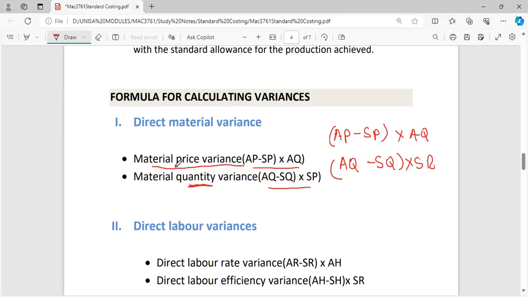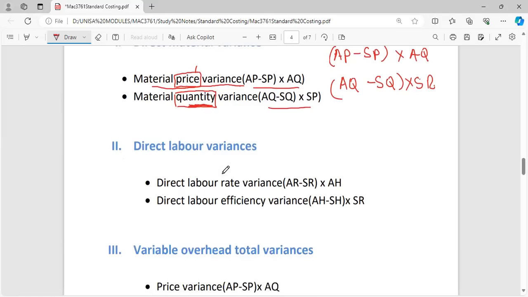If it is a price variance, you want to look at the difference between the budgeted price and the actual price. If it is a quantity variance, you want to look at the difference between the actual quantity and the budgeted quantity. That's all about the direct material price variance.